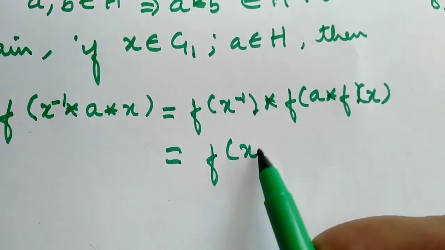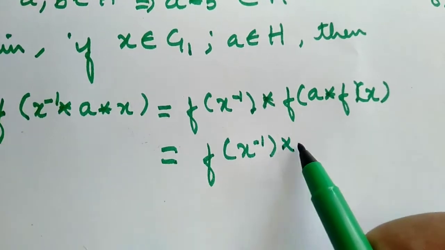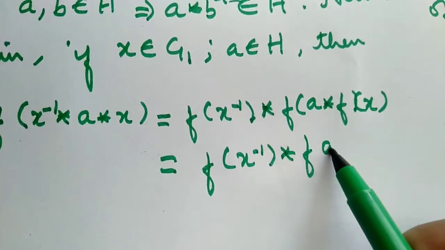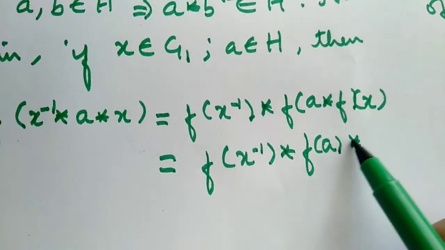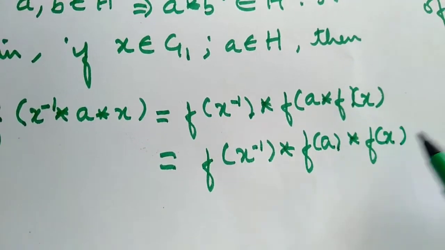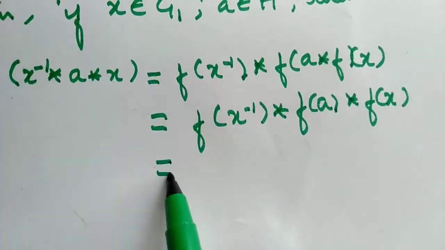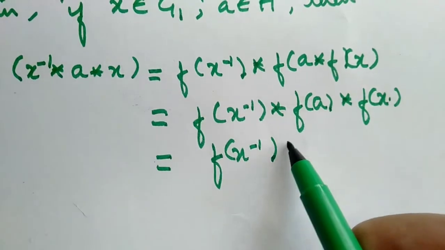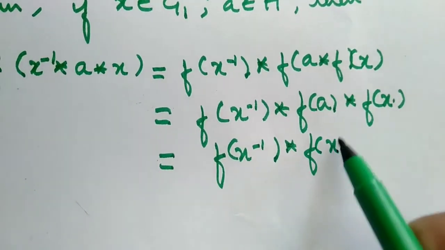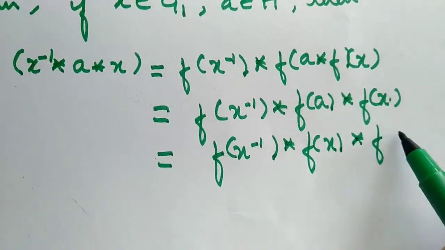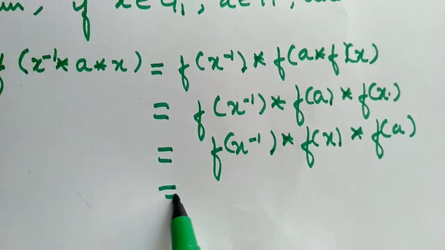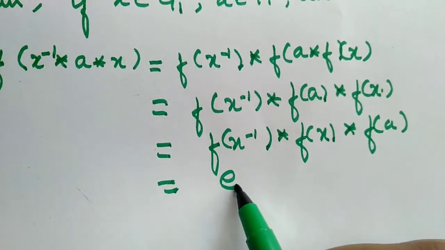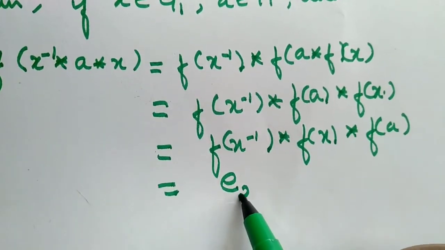Leave this one as it is. Now what is F(A)? It is F(X) inverse star E2 star F(X). F(X) inverse with F(X) gives the identity element E2.